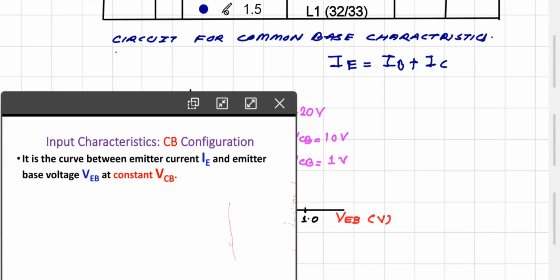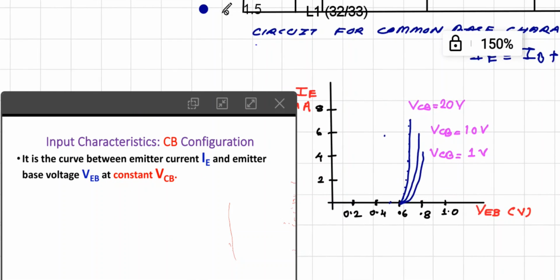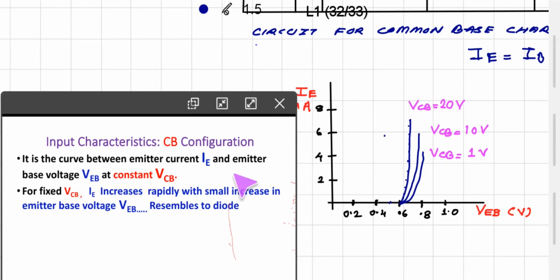So for the common base configuration, it is the curve between emitter current IE and base voltage VEB at constant VCB, as we saw. For fixed VCB equal to 1, this is the curve; VCB equal to 10, this is the curve. IE increases rapidly with a small increase in emitter base voltage.